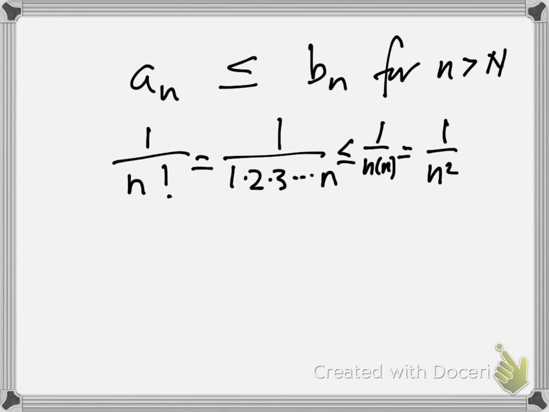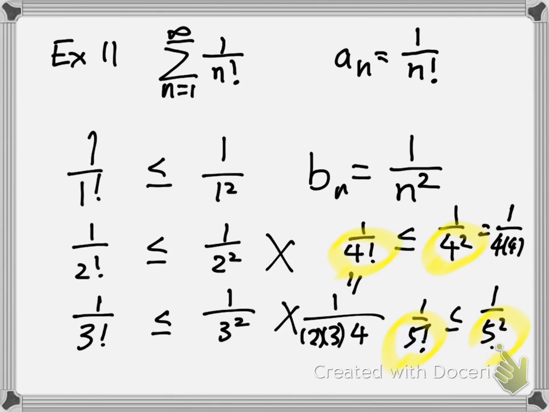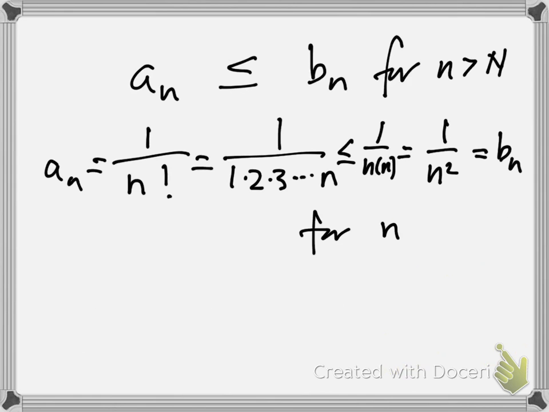And this will be true. So this is called Bn, and that's called An, for n big enough. So we have that inequality.